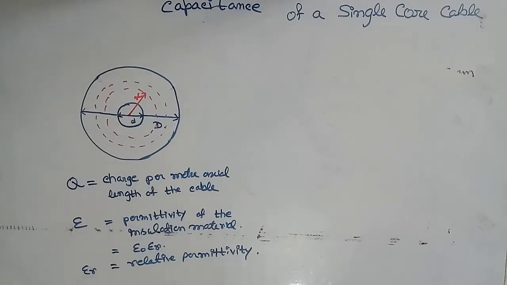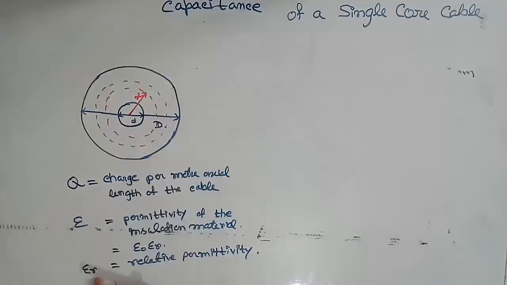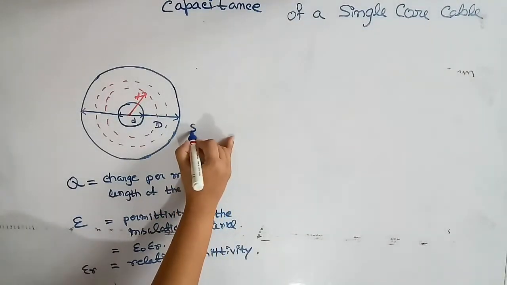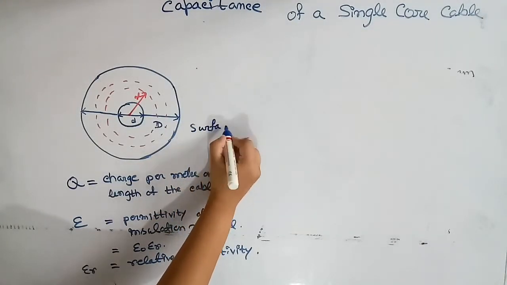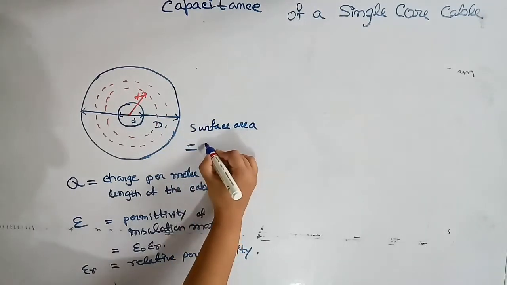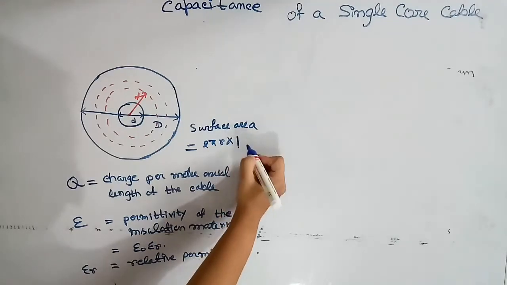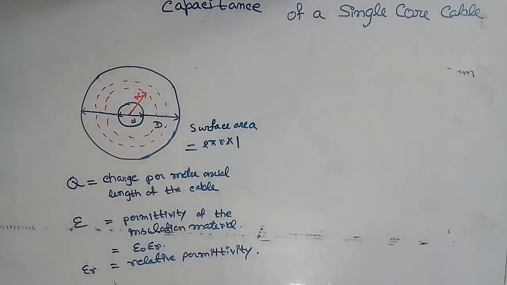So the surface area equals 2 pi r into 1. Why 1? Because the length is 1 meter.